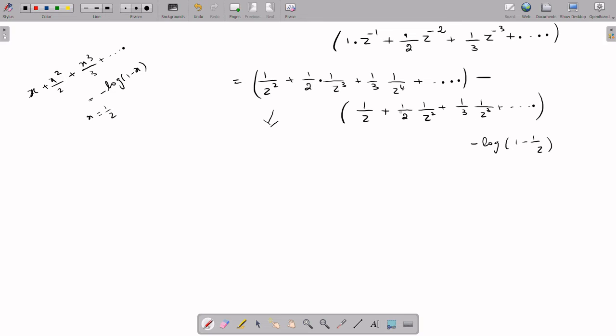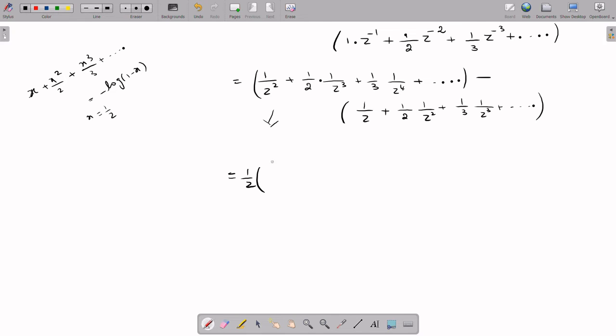But here 2 is there, but 3 is there with z power 4. So you have to make these terms the same. How is it possible? When you take 1 by z, this becomes z squared and this becomes z cube, and here also 3. So we have to take 1 by z outside.